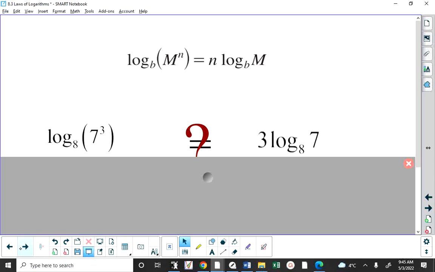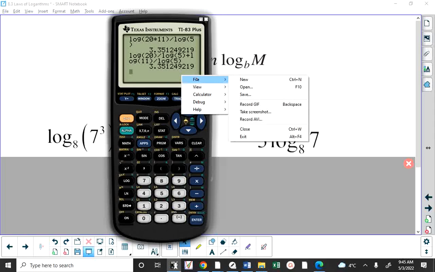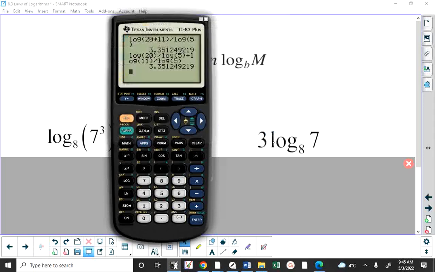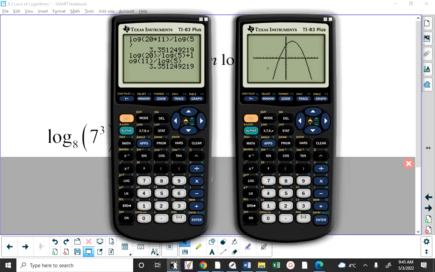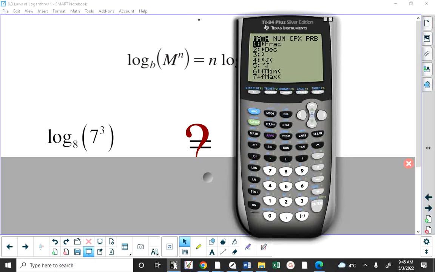And I know that I like the TI-83 calculator, but to show this to you on a TI-84 calculator, using the log base function, so log base 8 of 7 to the 3, that's log base 8 of 7 to the 3.